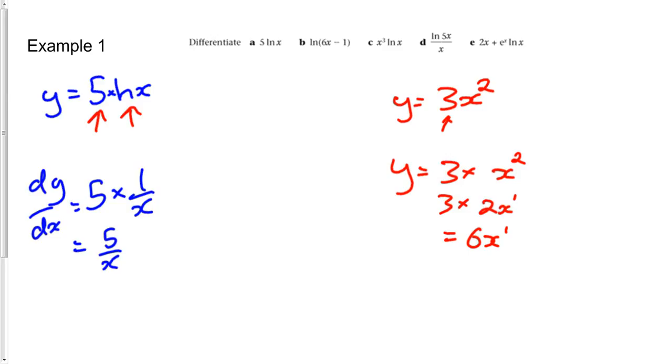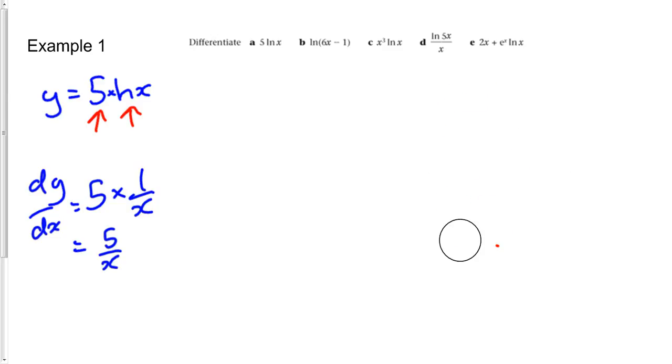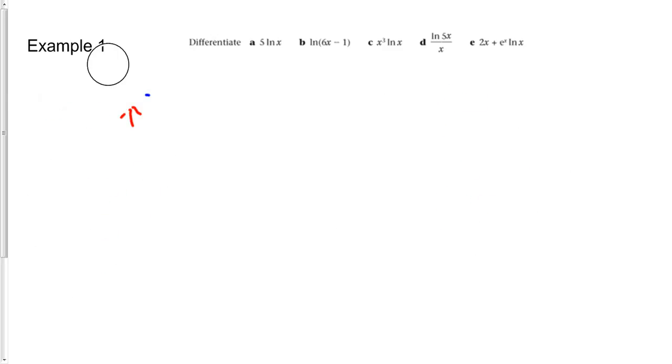Okay, the next one. So let's get rid of this. So question B, and again, remember with all these videos you can pause them at any time just to finish off taking notes and then restart the video. So y equals log of 6x minus 1.